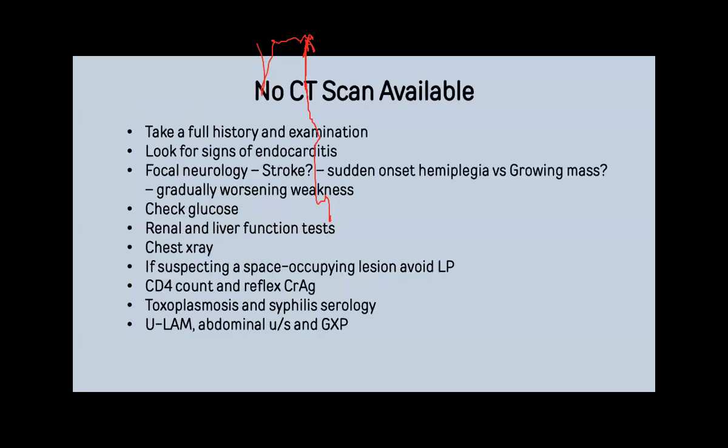And then when patients present to you with CNS signs and you don't have a CT scan available to you, again, you take a full history and examination, you look for signs of endocarditis.